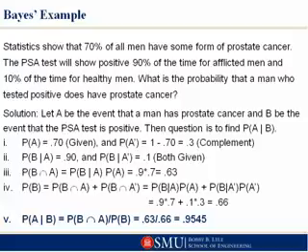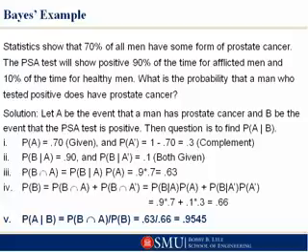The test shows positive 90% of the time for afflicted men. This is a good thing, it's come back with the right result. And 10% of the time it comes back positive for healthy men. That's a bad thing, that's a mistake. So this is the data you're given. What's the probability that a man who tested positive does have prostate cancer?